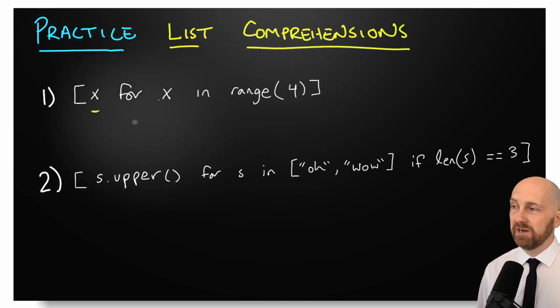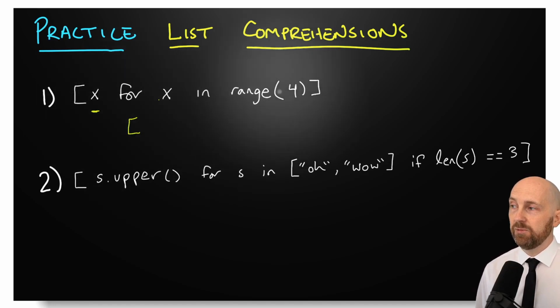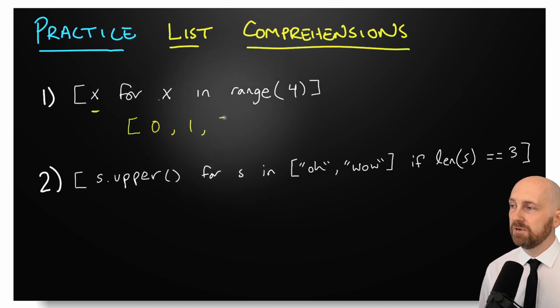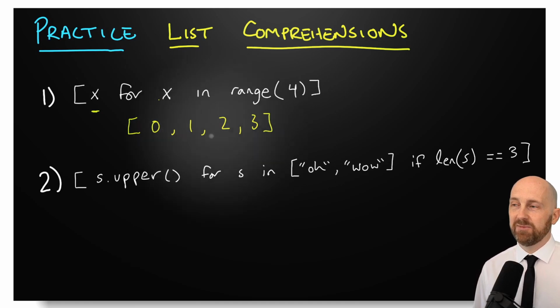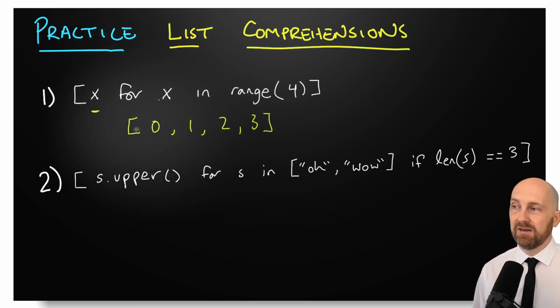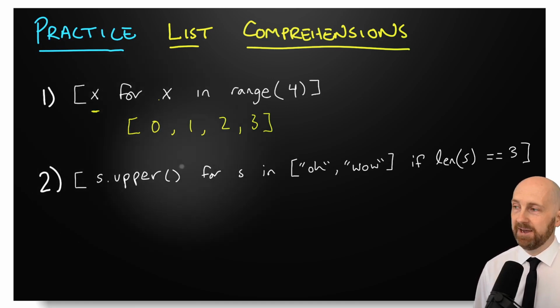So we're going to loop through each element in the range starting from 0. Remember, when you only have one argument to range, it starts from 0. So 0 through 4, not inclusive of 4. So 0, 1, 2, 3, right? And no transformation is applied. We're just using each x value directly and populating the list with that.